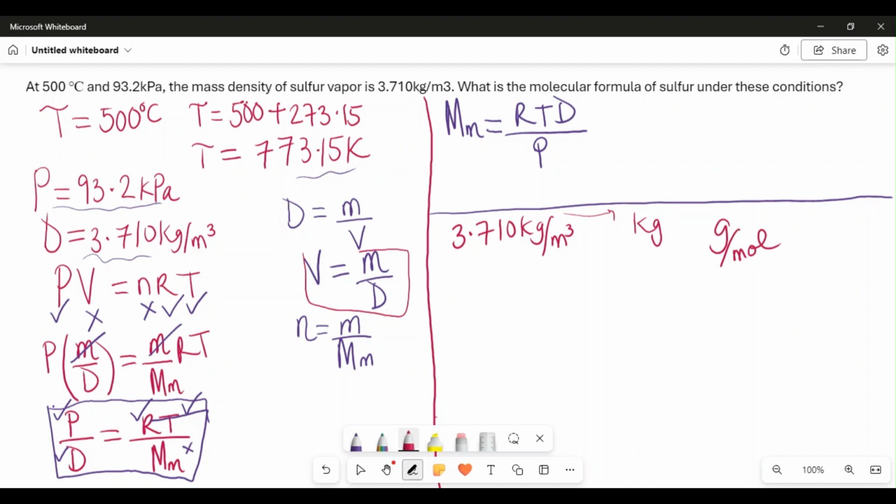Then secondly, we have meter cubed, and we can leave our information in meter cubed, but what is more common in chemistry is to have dm cubed instead of meter cubed, because it's easier for calculation.